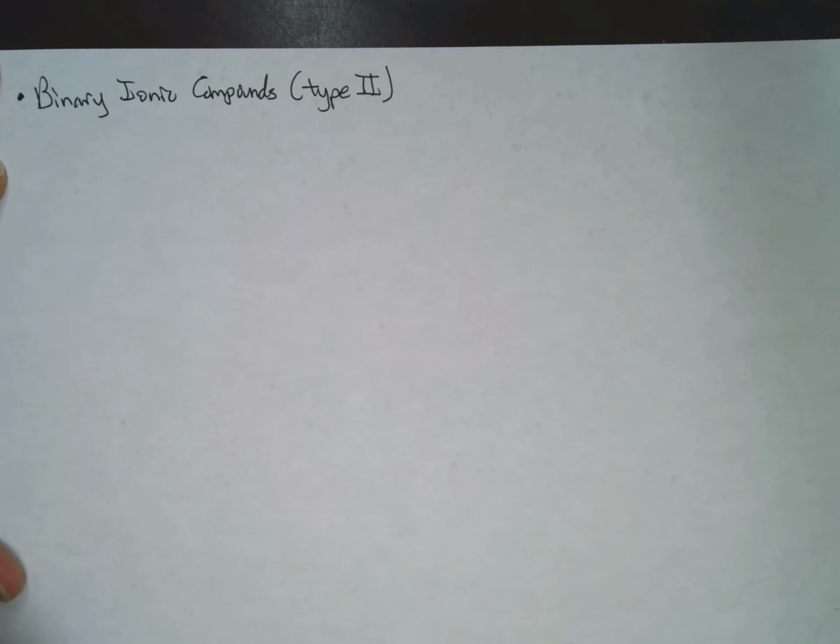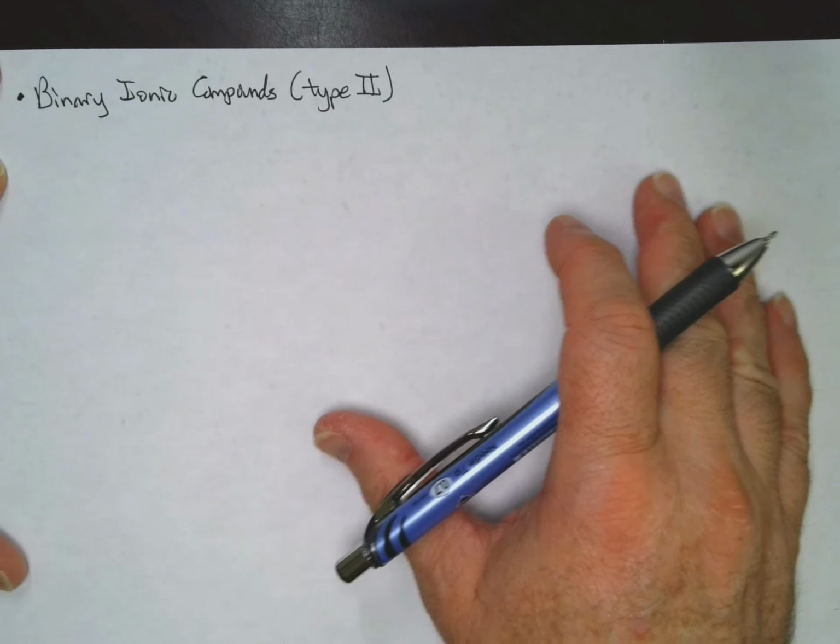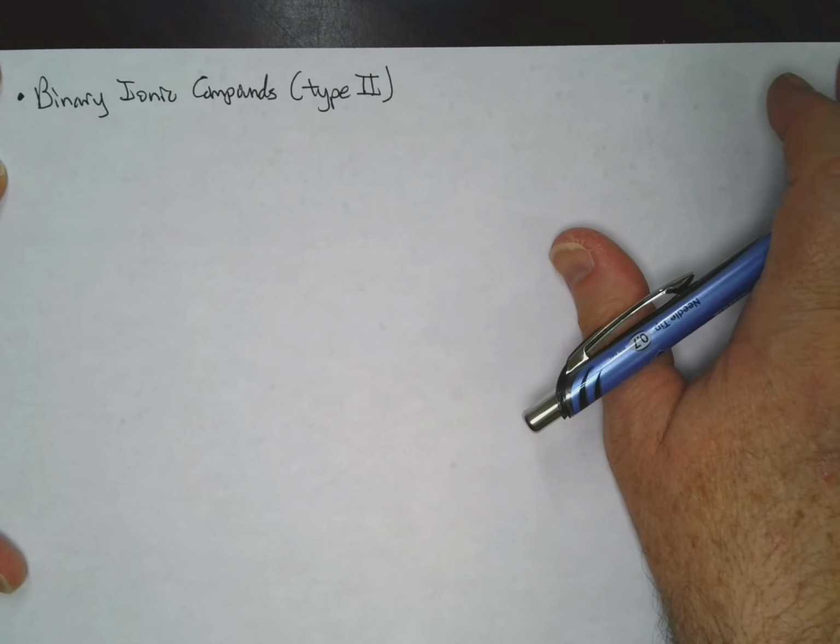So these ones feature a cation that has multiple oxidation states. That is, it can have different possible charges.